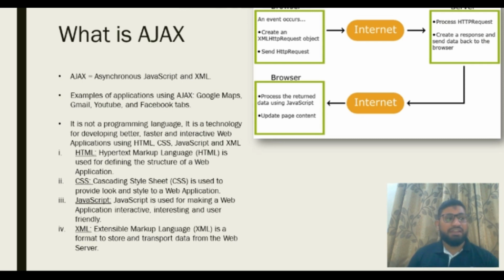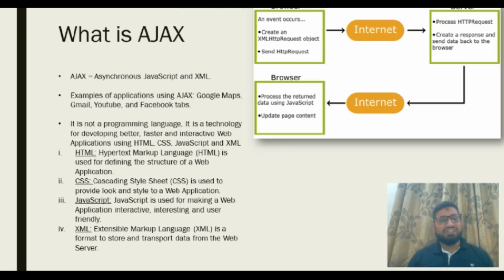Students, basically AJAX is asynchronous JavaScript. It is basically used for Google Map, Gmail, YouTube and Facebook tabs. As it is said, it is not a programming language. It is used to develop applications faster, better and as interactive web applications, again by using HTML, CSS, JavaScript and XML.